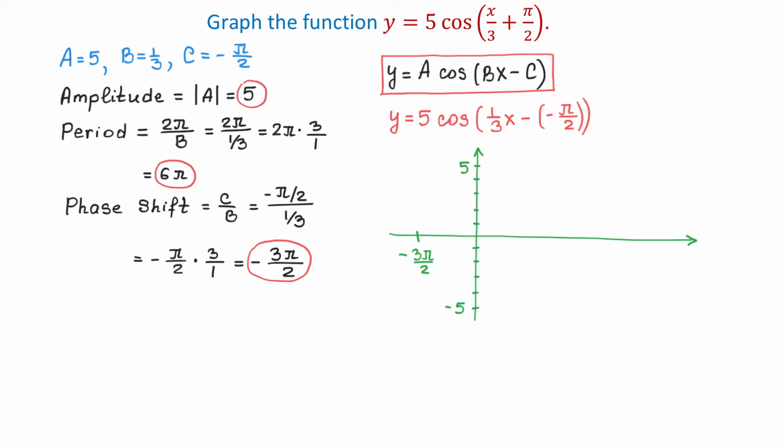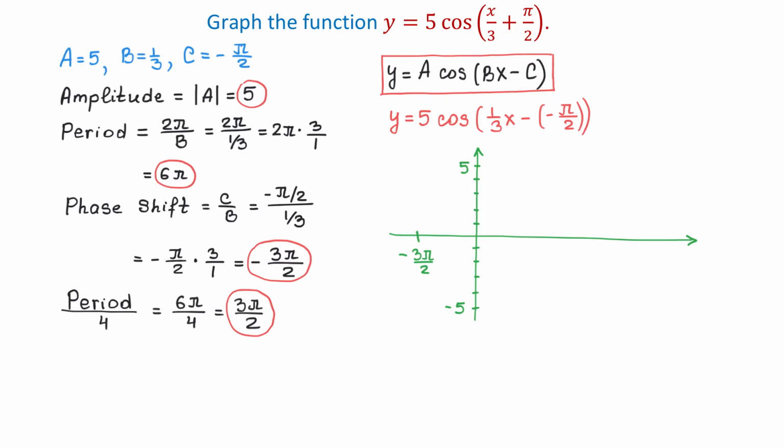Now to graph this function, we need to find 5 points that belong to the graph, and for this we need to divide the period by 4 to find a quarter period. So then the period is 6 pi, and if we divide it by 4 and we reduce it, we will get 3 pi over 2.